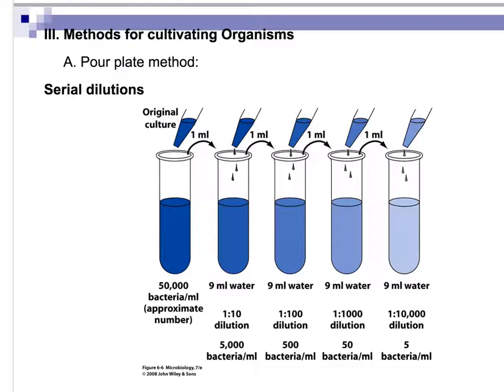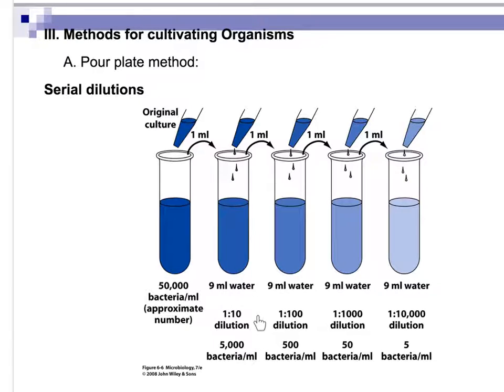So what we do is we dilute them out. So we take test tubes with 9 milliliters of water in each of them, so 9 milliliters plain. And what we'll do is we'll take 1 milliliter of the original culture and put it into the next one.